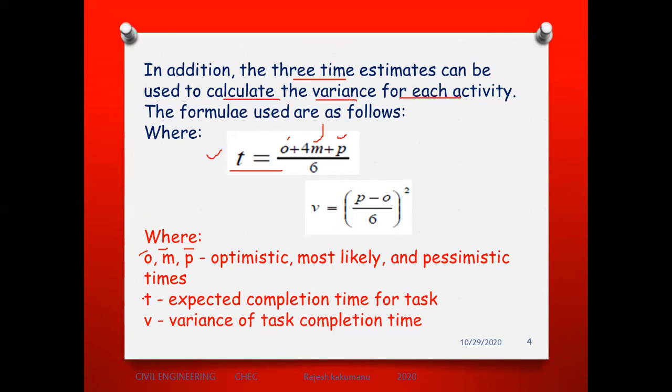Then what is the time T? Time T is the expected time for the completion of the task. V is the variance of the task completion time. So keep this formula in mind. In order to get the time T, we have to use the optimistic time, pessimistic time, and most likely time.